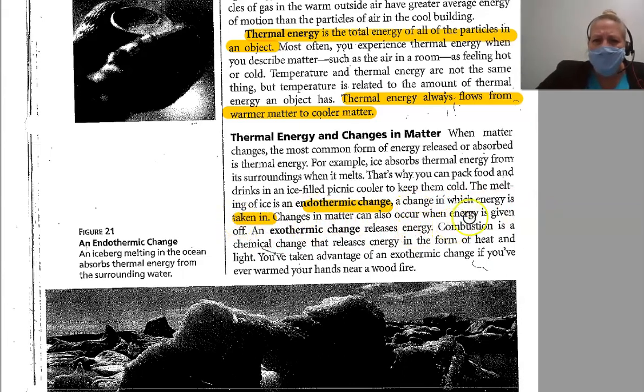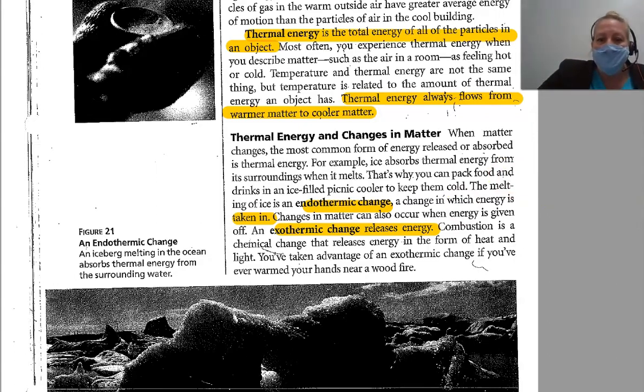Changes in matter can also occur when energy is given off. So an exothermic change releases energy. Exo, it exits. Endo, inside, it takes in energy. That's how you remember the difference. Endothermic, exothermic, okay? Taking in or giving off energy.